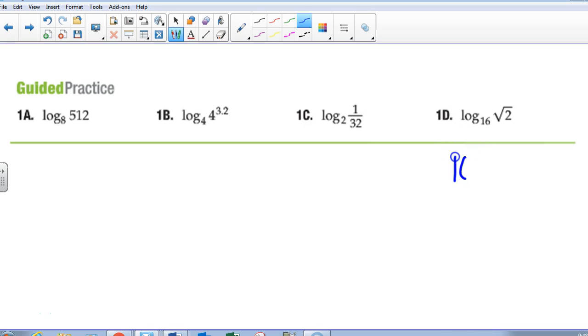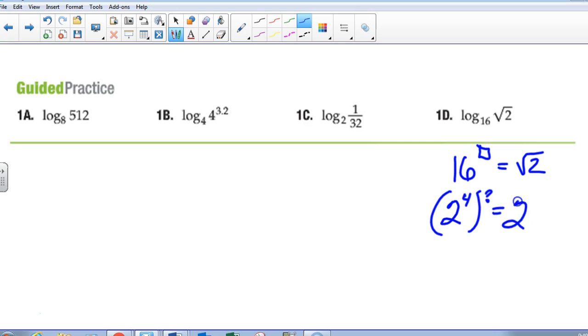Okay, this is 16 to what power is the square root of 2? I would have to do a little finagling with that one. I would have to say to myself, this is 2 to the 4th. So this is 2 to the 4th to something equals 2 to the 1/2.